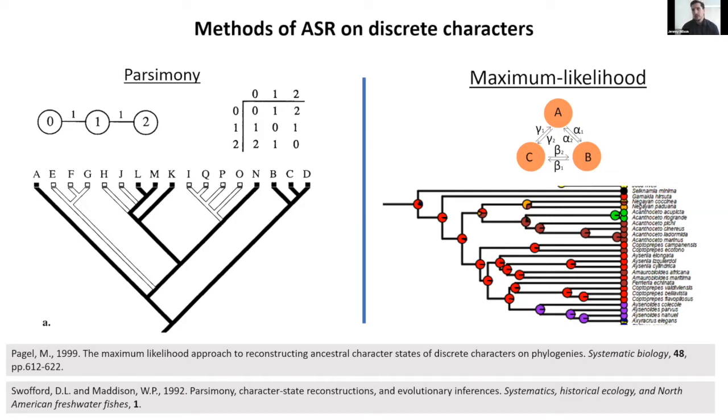They also return what's called a marginal reconstruction, where you have, like what we can see on the right here, at each node a pie chart, which tells you basically the proportion of the total likelihood score contributed by reconstructions with a particular state. So it might be 75% one state, 25% another. So it gives you an idea of the uncertainty around that as well.